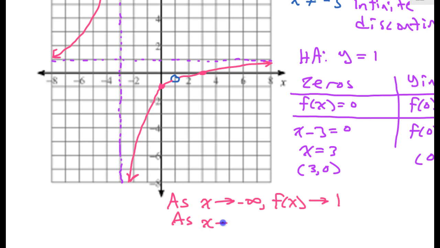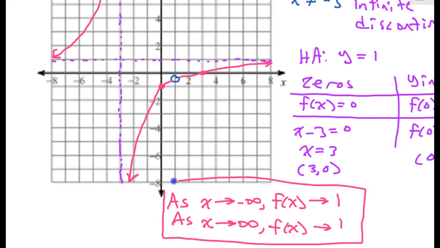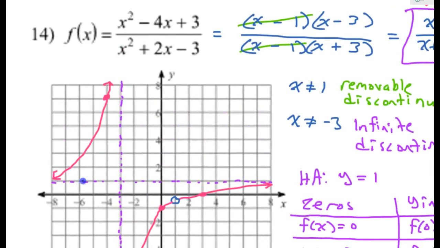As x approaches +infinity, f of x approaches 1 again. Again, it's approaching the horizontal asymptote. So there's your end behavior. Okay, so that is it for number 14.